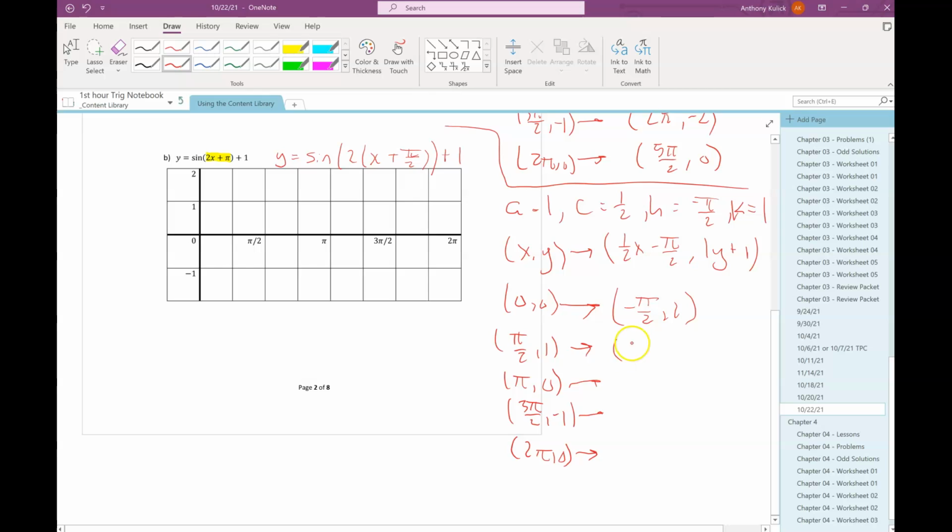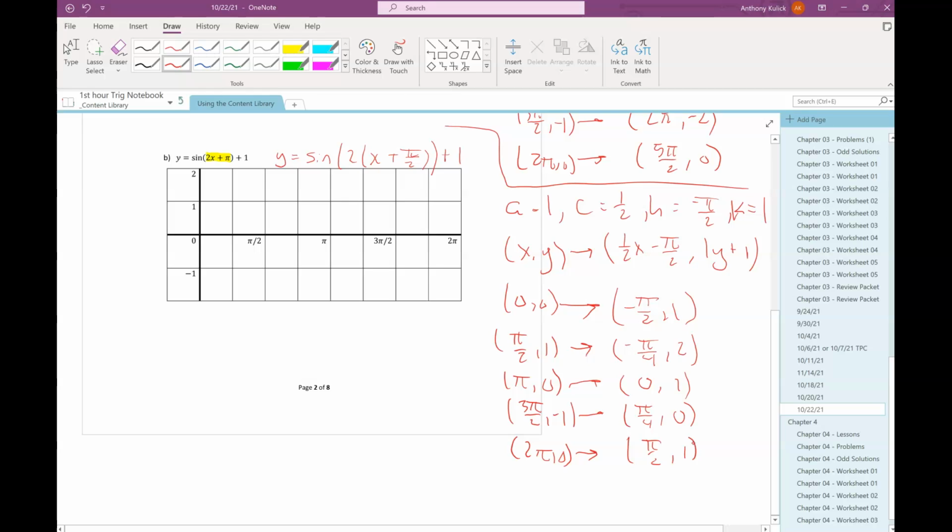And then we have negative pi over 4 and 2. Then we have 0 and 1. And then pi over 4 and 0. And then the last spot here we have is pi over 2 and 1.